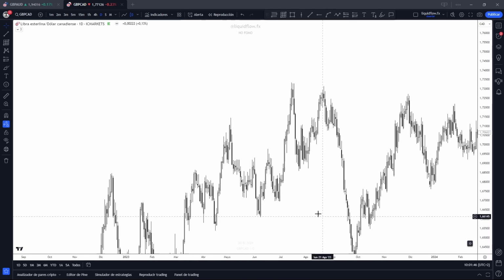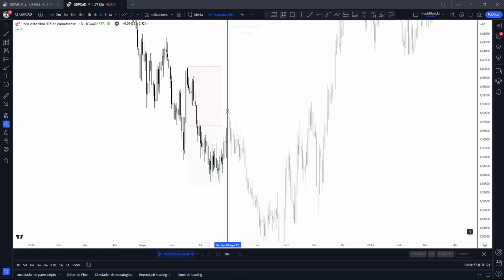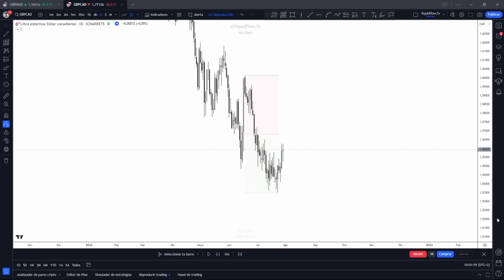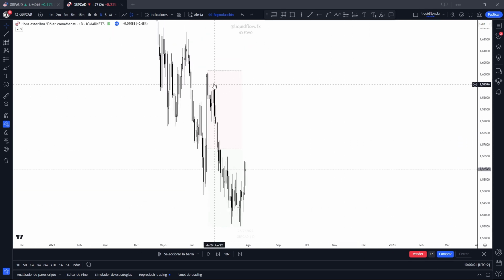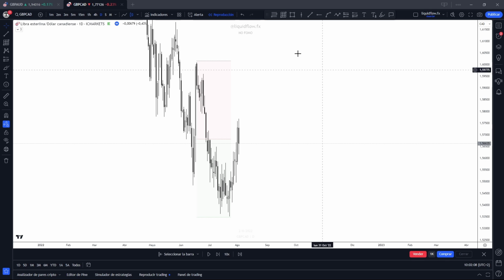So if we use the opposite side, we are here. We come from the top to the bottom. Let's say again, this is our last leg, our recent leg, and then we mark from the top to the bottom, and then we're expecting the market to make some retracement into, in this case, the premium area.